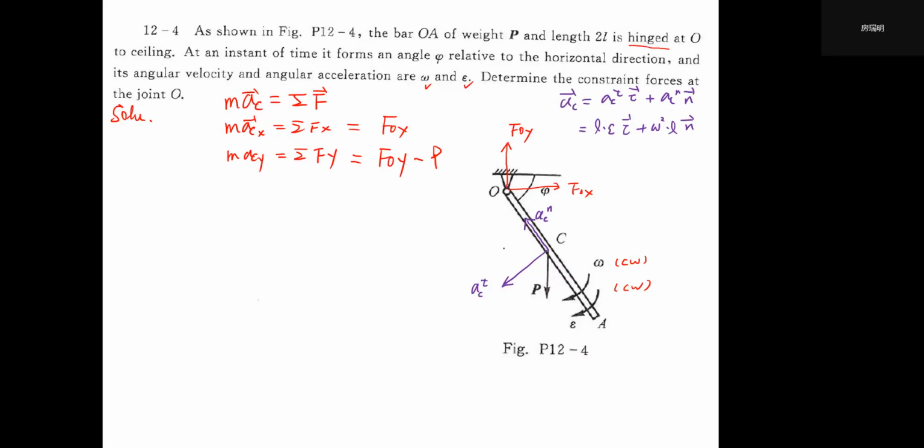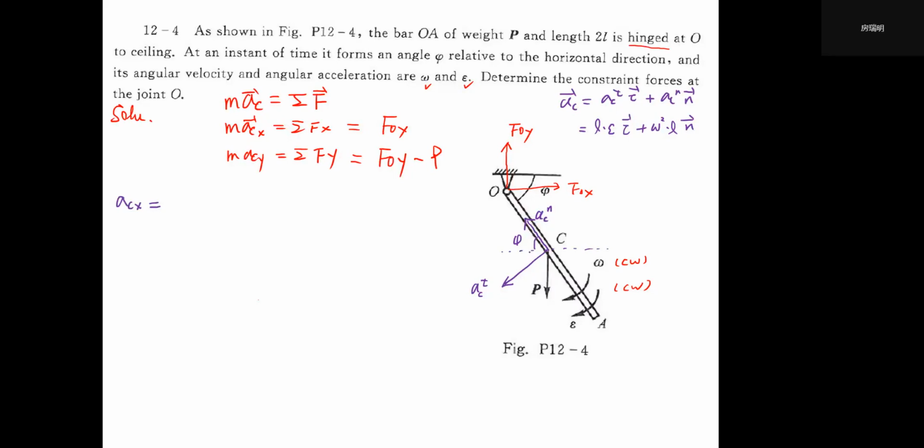So we should draw some added lines. Through the point C, let me draw a horizontal added line here. If this angle is phi, then this also will be an angle of phi. What we try to find is ACX. ACX will equal the projection of ACT onto this axis.